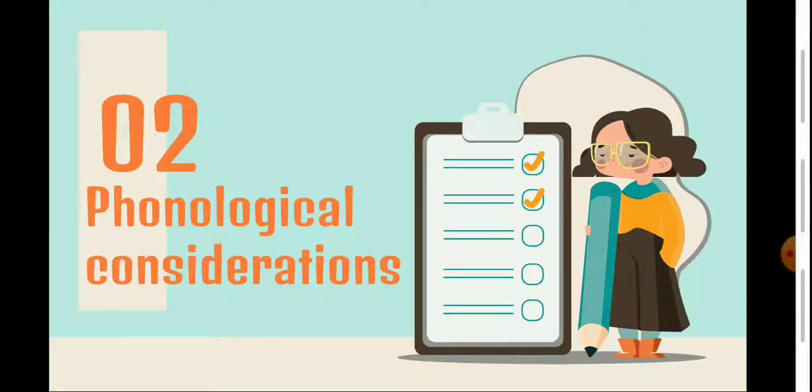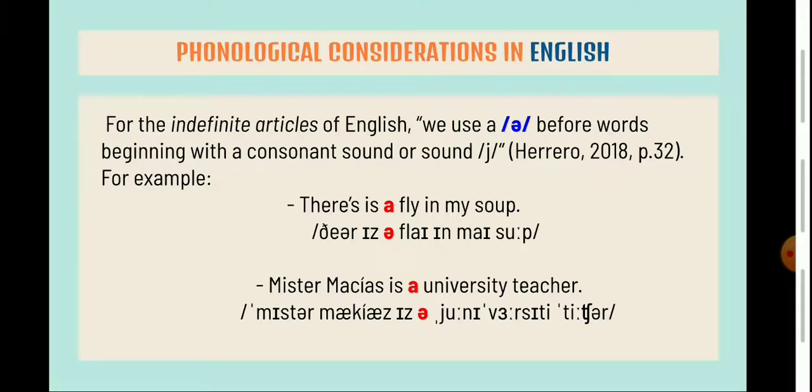So, what are the phonological considerations? In English, for indefinite articles, we use the schwa sound before words beginning with a consonant sound or a G sound. For example, there is a fly in my soup, or Mr. Macias is a university teacher.